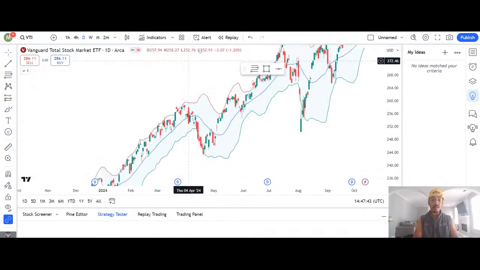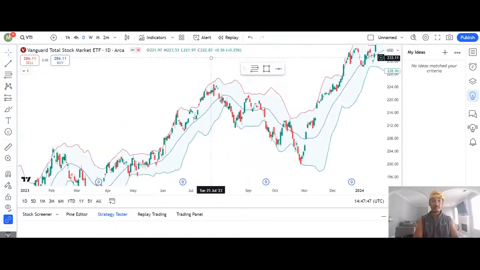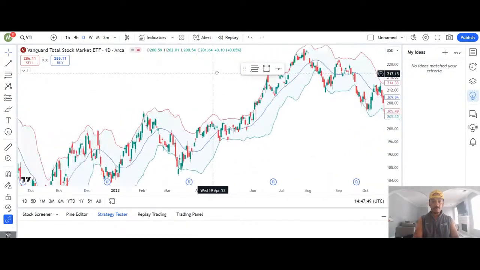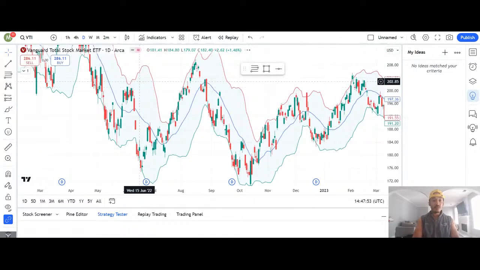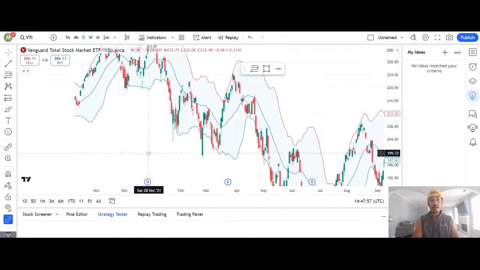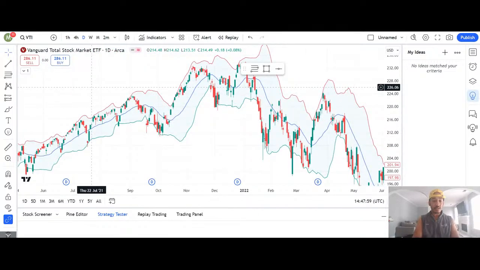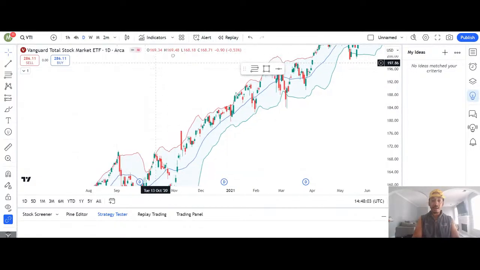In most cases, we are always inside of the Bollinger Band. A moving average won't slope upwards until later because it's a lagging indicator.